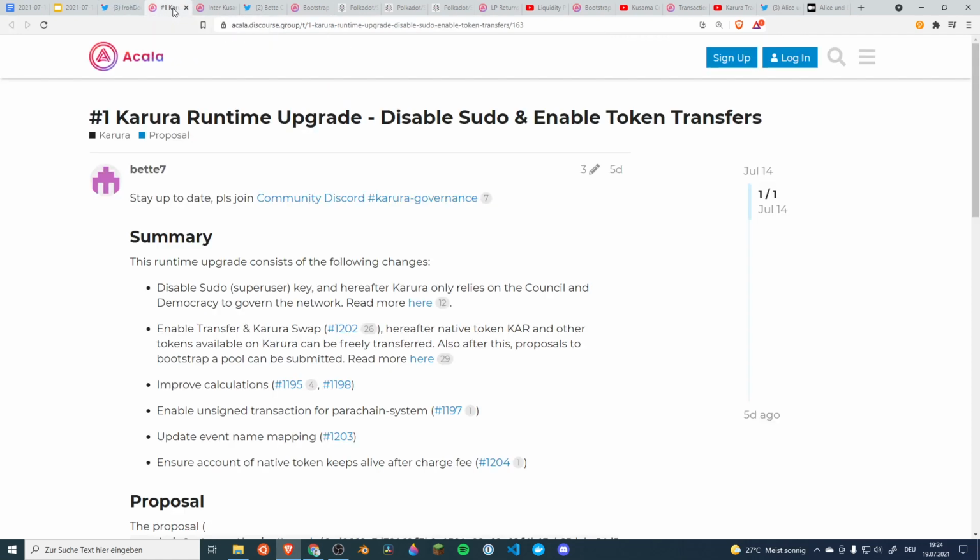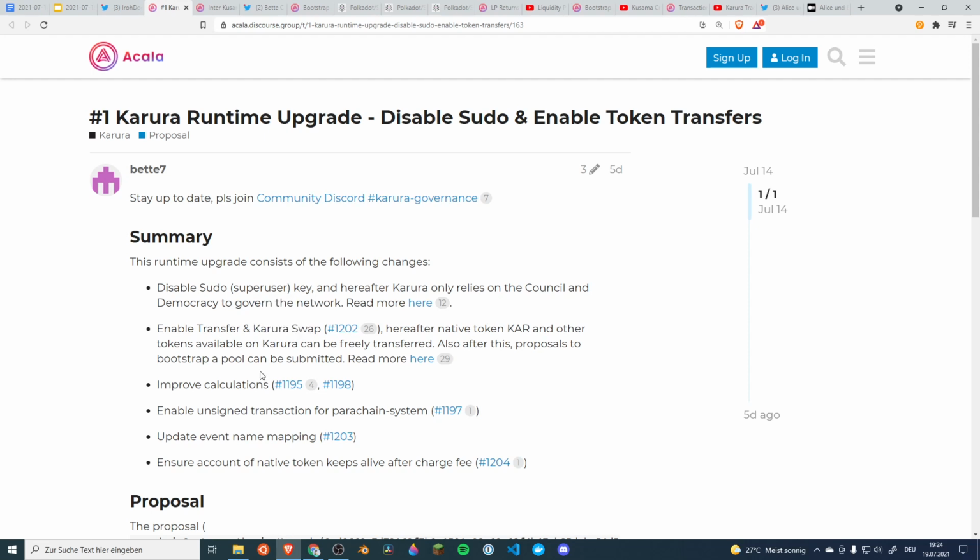So the first Karura runtime upgrade is just going through and it will enable a lot of things. For example, it will enable the transfer of KAR tokens and it will enable the Karura Swap. The transfer of KAR tokens is very relevant because it means that KAR tokens can now begin to float and become liquid.